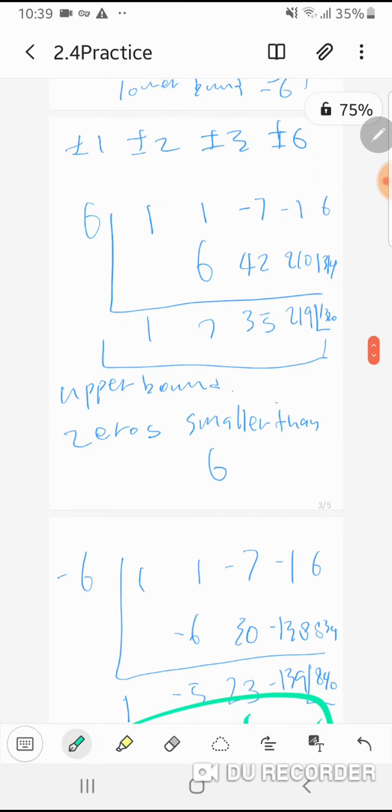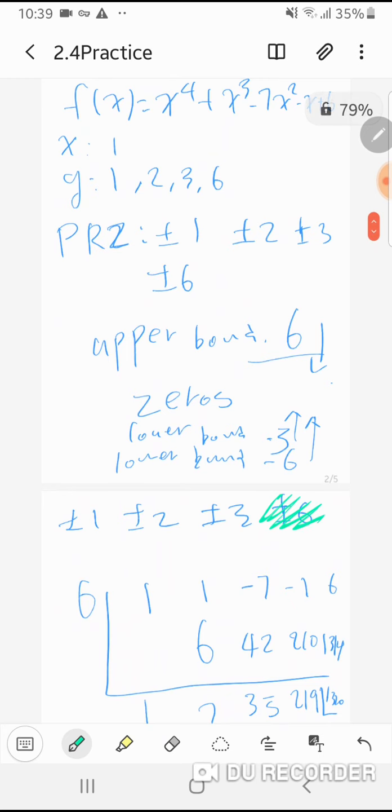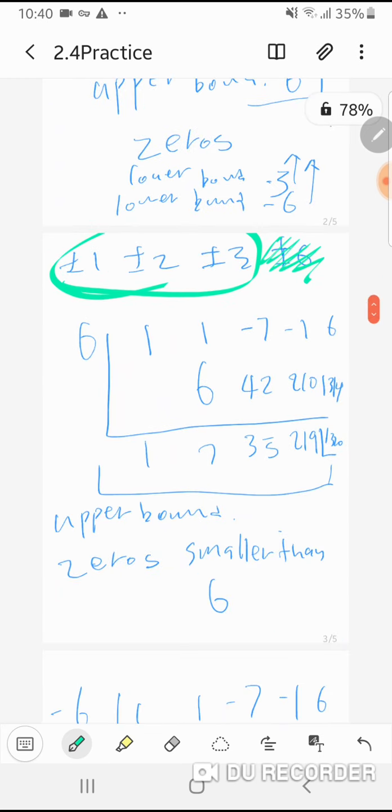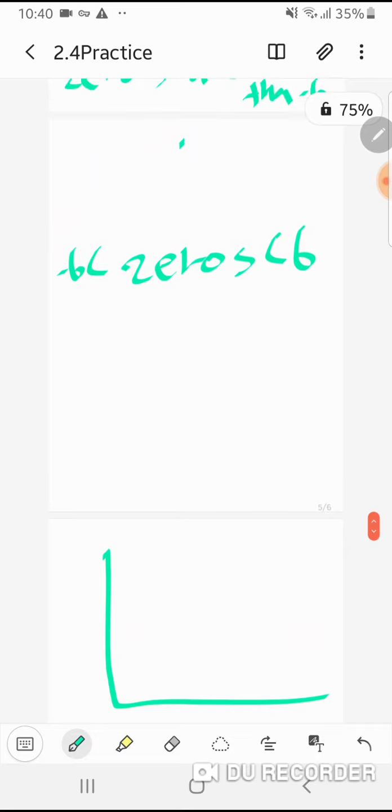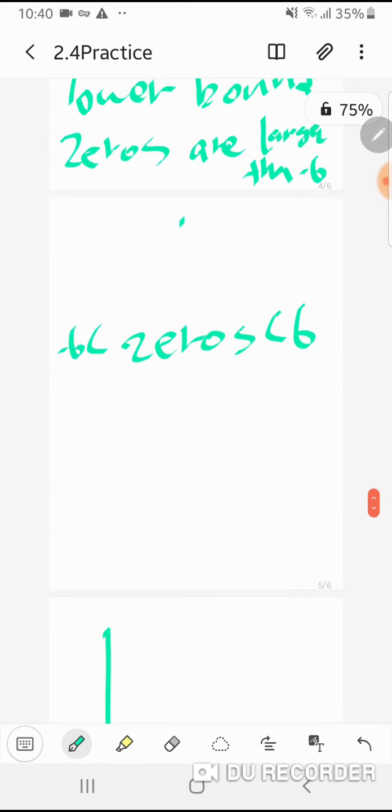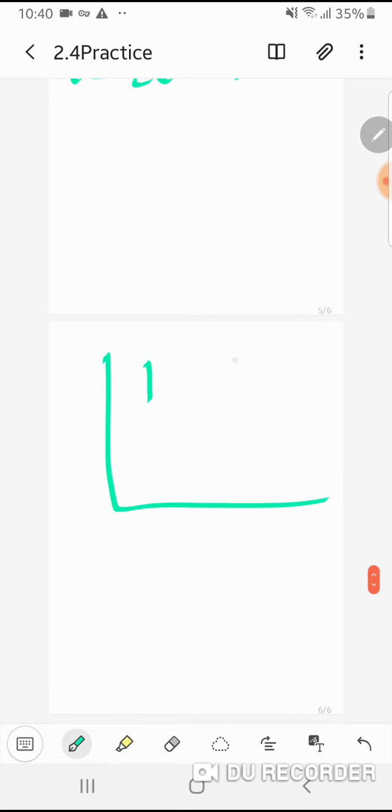And actually, I was really tempted to put 1 and negative 1 because it's way easier. And I just know that it's at least one of them. So now let's get the zeros, because we know that the zeros are larger than negative 6 and smaller than 6.